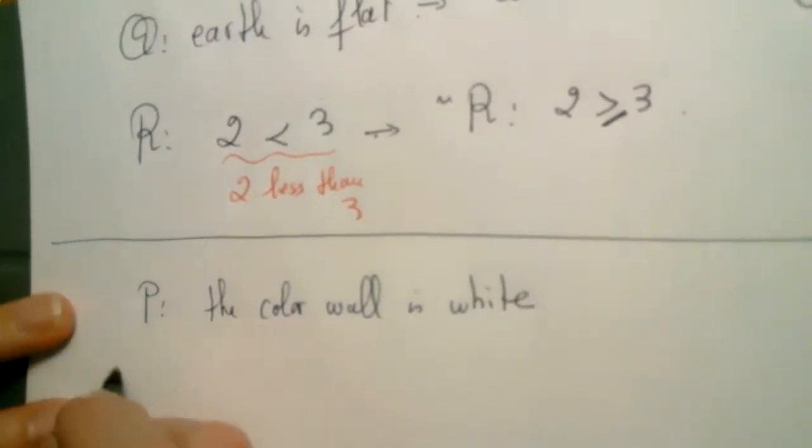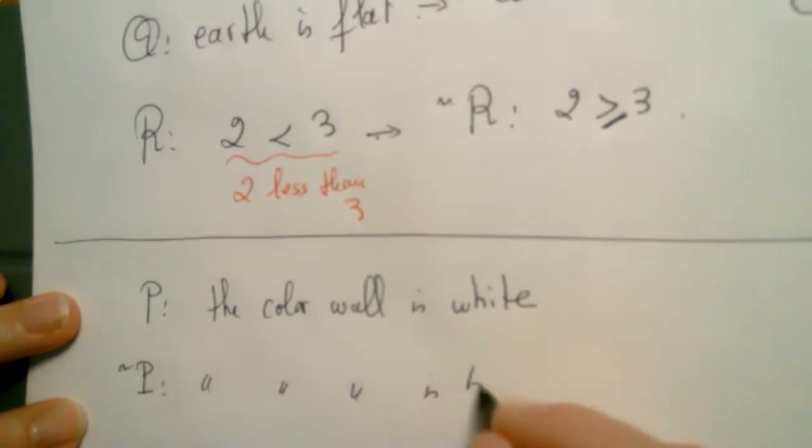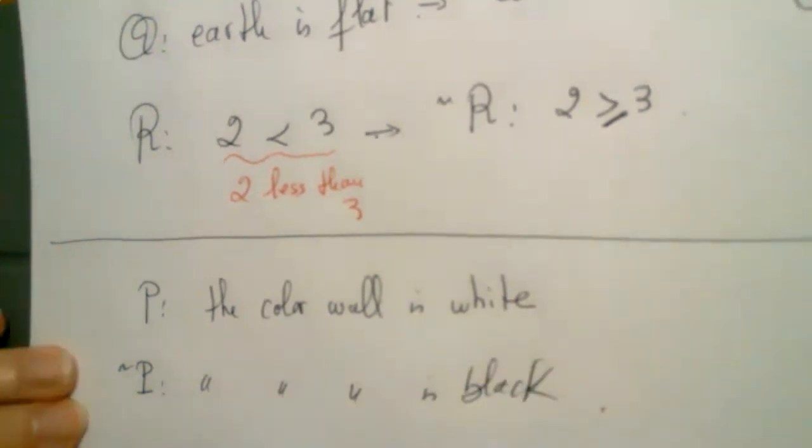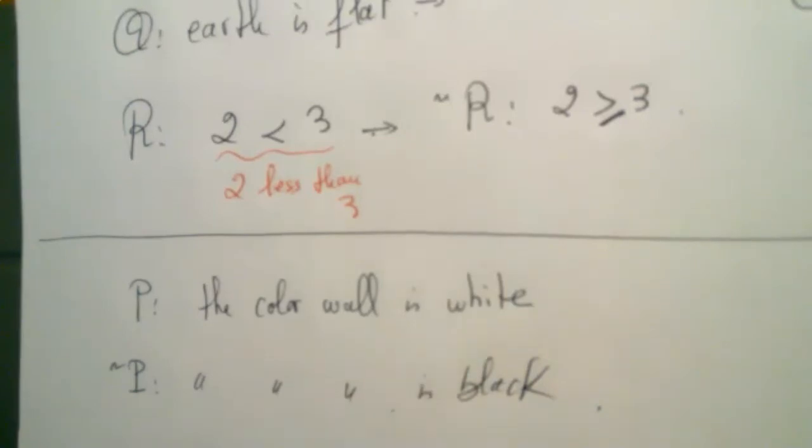Then what is not P? And a student tells me not P is the color of the wall is black. Is this not P? No. Give me a solid reason why not. Because it includes any color that isn't white, which includes black, but not only black. Yeah. The negation has to be false when the first sentence is true. Is it possible both could be true?